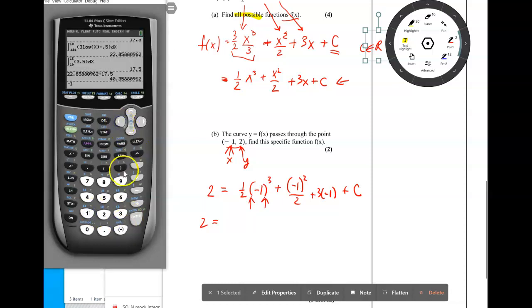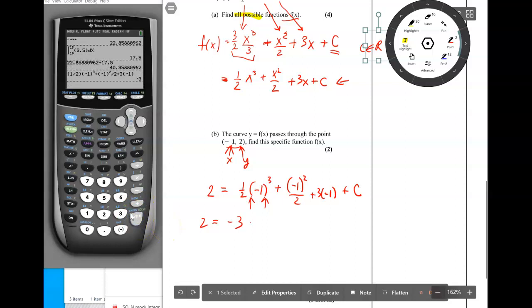First I'm going to put 1/2, and then I'm going to put -1, make sure you use the negative here, cubed, plus -1 squared divided by 2, plus 3 times -1. And I can't simplify the C, so that'll give me -3 plus C.